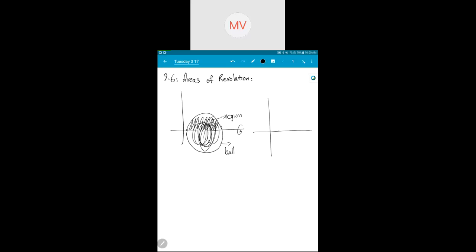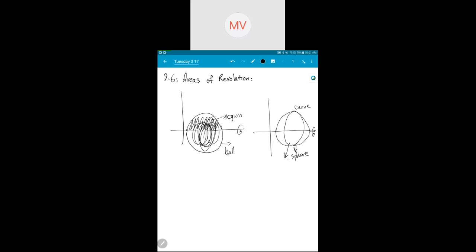Whereas if the curve itself rotates, it's the same ball, but inside is empty. So it's only a sphere.